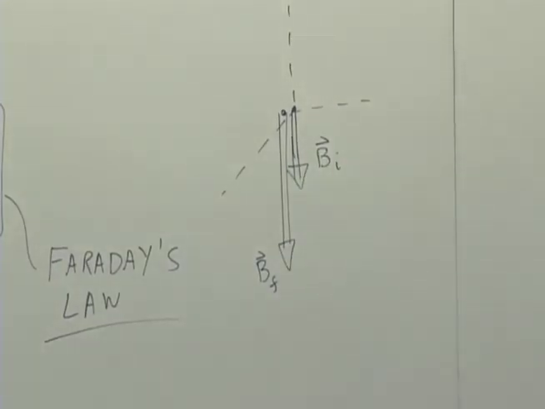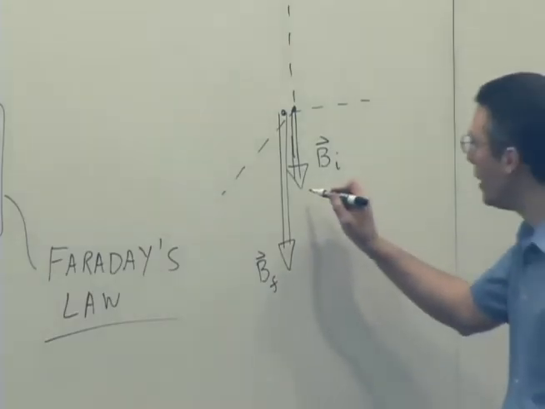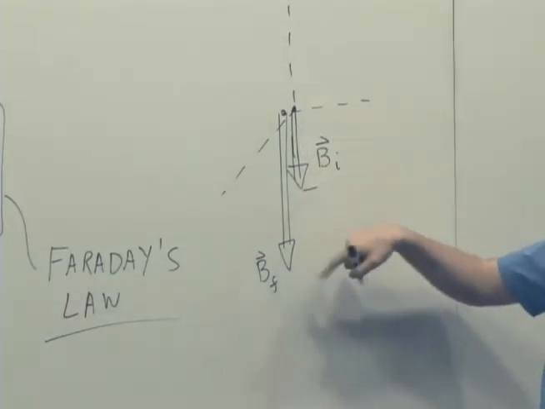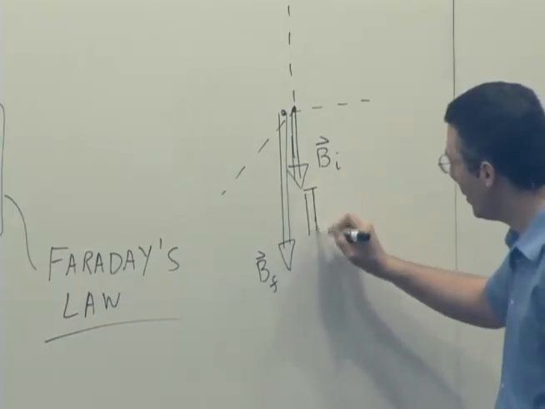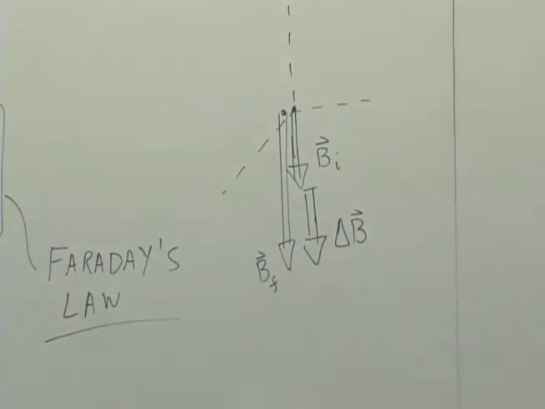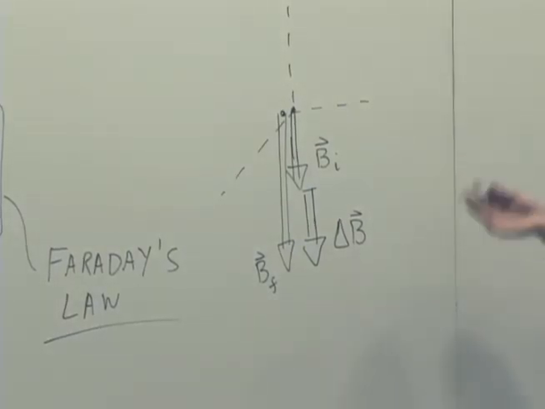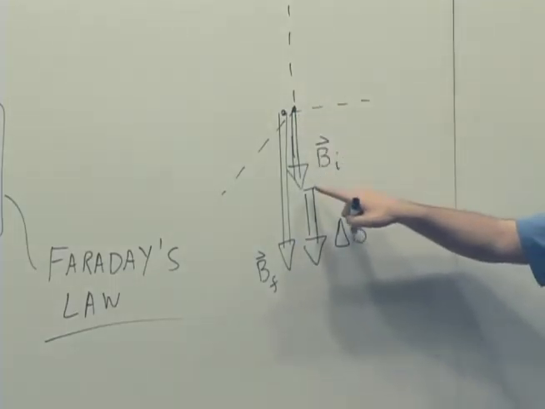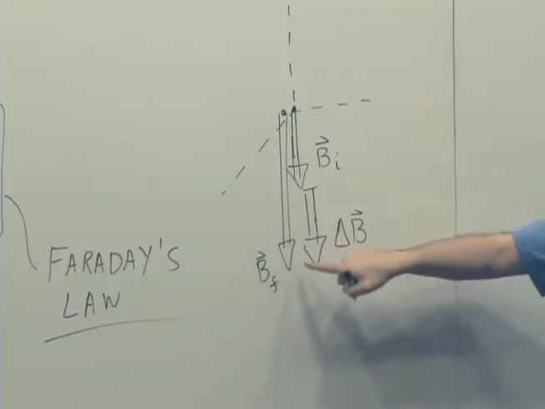What's the direction of delta B? Down. It's got to be down, negative y direction. If I have a vector pointing downward and I want to make it bigger, I have to add to it a downward vector. So that's delta B. You can do this graphically in a number of different ways, but in any vector quantity, it doesn't matter if it's a magnetic field or not, you can always draw the vectors tail to tail. Then delta B points from the tip of the initial to the tip of the final.